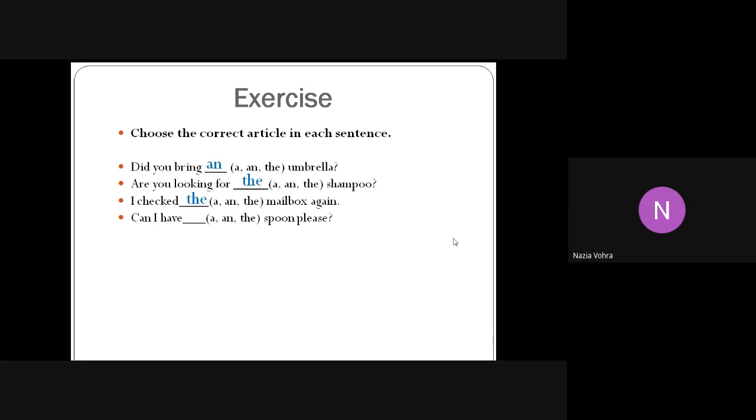Can I have dash spoon please? So, can I have a spoon please? No specific spoon, I just need a spoon. Clear? So it is article a. I was born into a poor family.